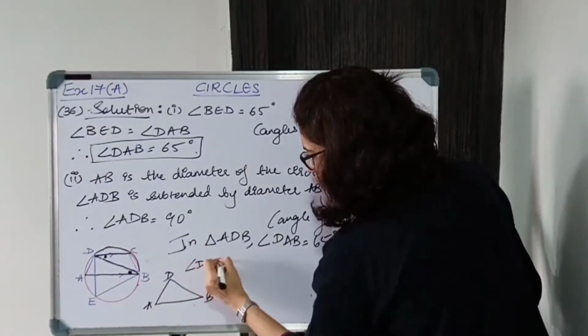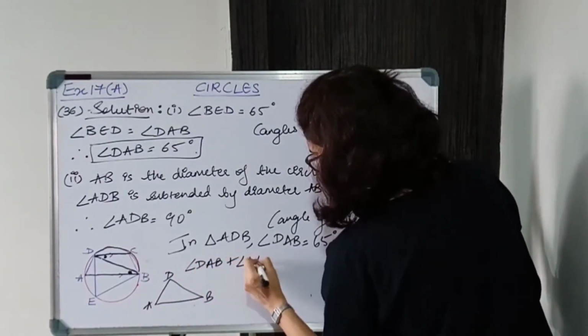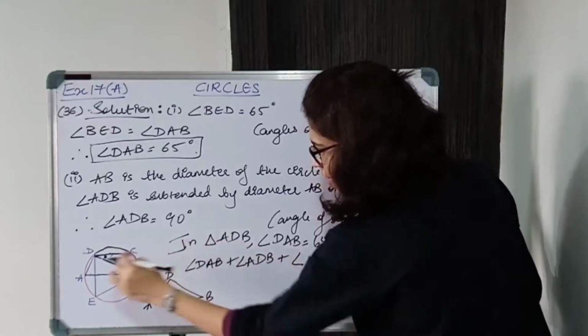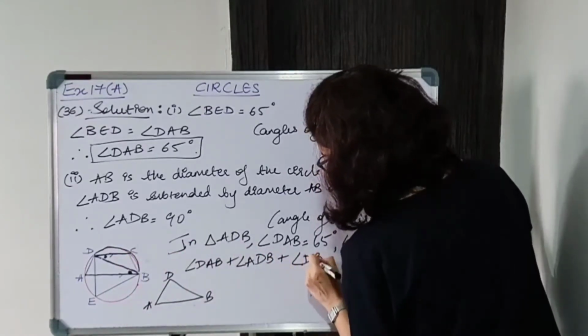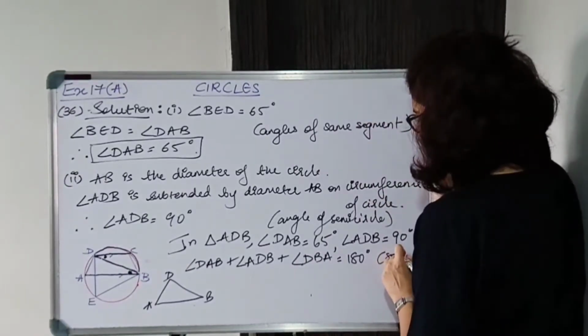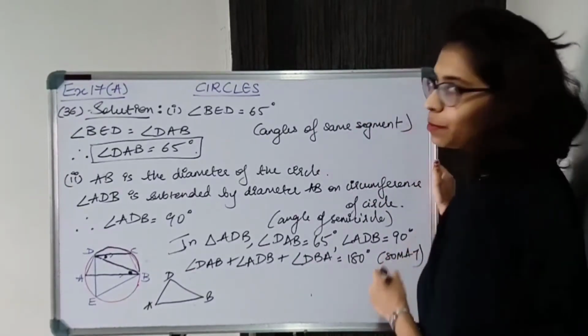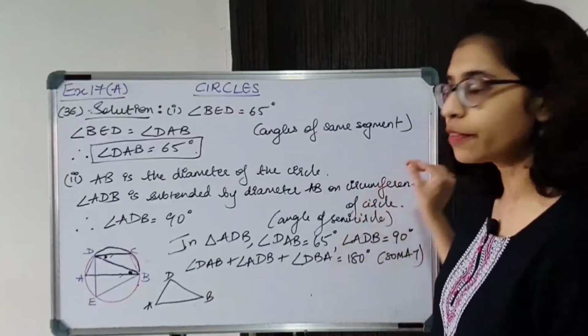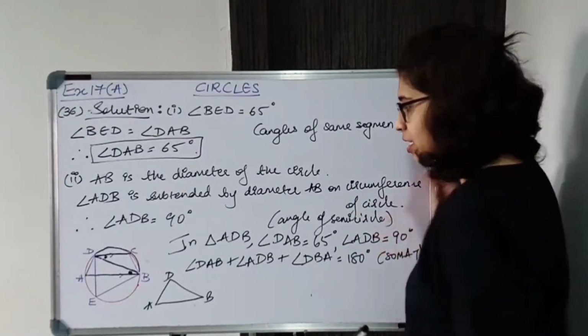Angle DAB plus angle ADB plus angle DBA is equal to 180 degrees. SOMAT property you are supposed to write full statement. SOMAT नहीं लिखना है. Sum of measures of angles of triangles is 180 degrees.